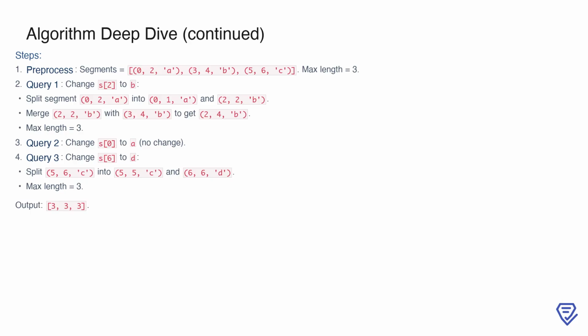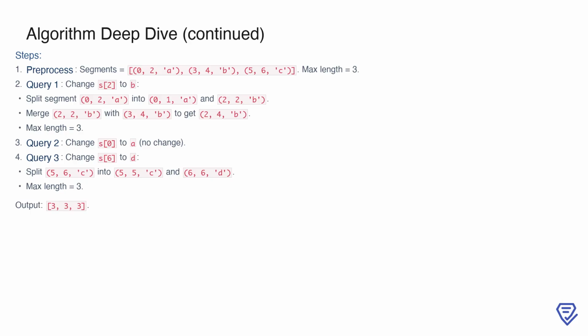For the first query, we change the character at index 2 to B. This splits the segment AAA into two parts, AA from index 0 to 1 and B at index 2. The segment B at index 2 is then merged with the existing segment BB, forming a new segment BBB from index 2 to 4. The maximum substring length remains 3.